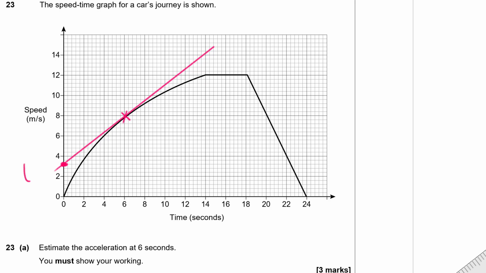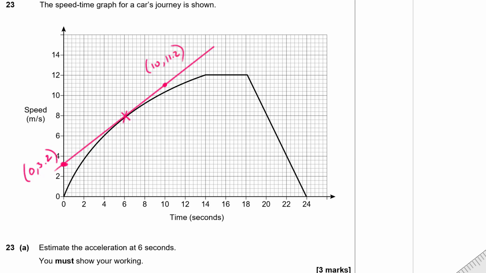So this point, coordinate down here is 0, 3.2. Let's pick another one further up. Let's pick this point up here at 10. So when t is 10, what's that then again? It's about 3 squares up, so 10, 11.2.